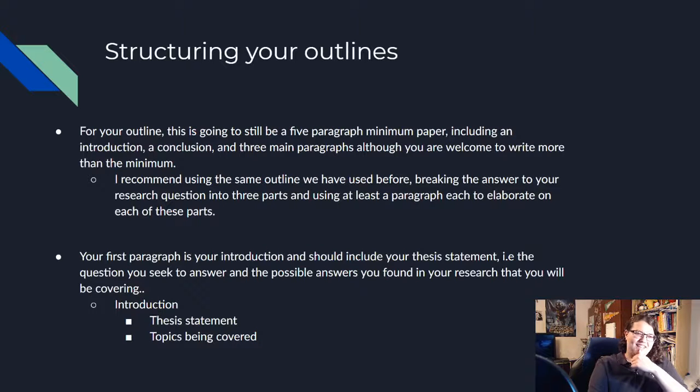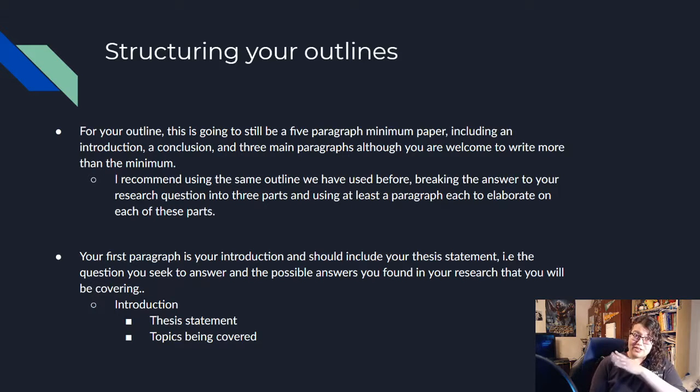Let's go ahead and talk about structuring our outline now. Whatever comes for your outline of your paper, this is still going to be a 5-paragraph minimum paper. This 5-paragraph minimum paper includes an introduction, a conclusion, and 3 main paragraphs.